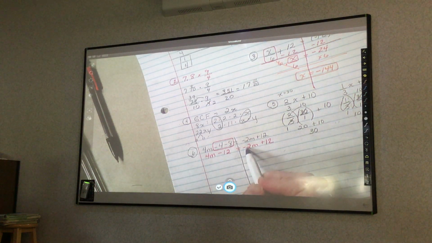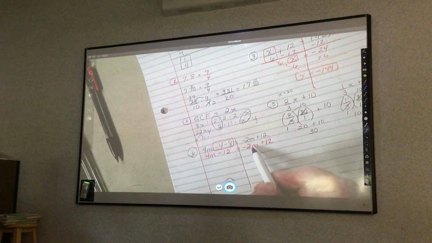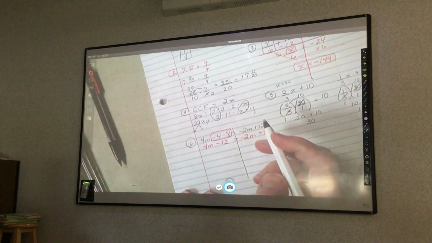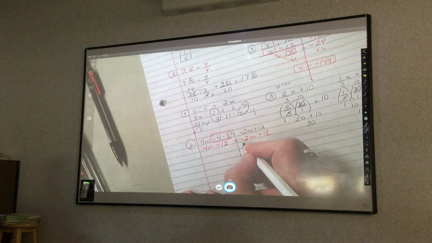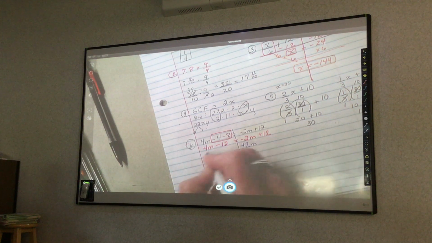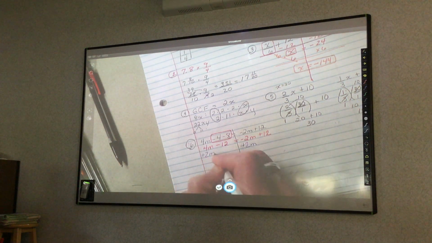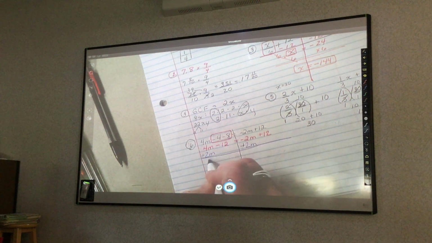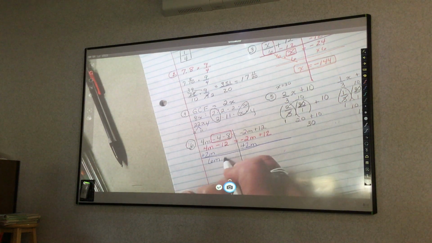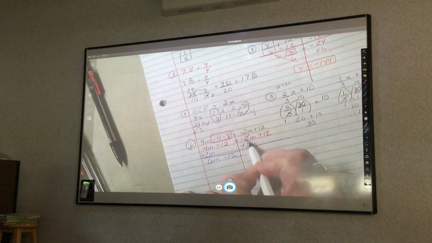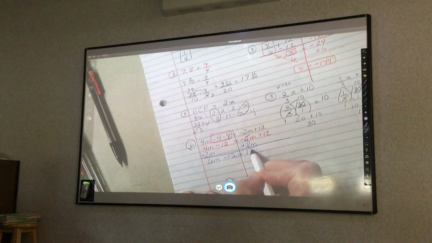I'm going to move the 2m because right now it's negative, so this way I'll make it positive. So I'm going to say plus 2m, plus 2m. So now I have 6m minus 12, those canceled each other out, equals 12.